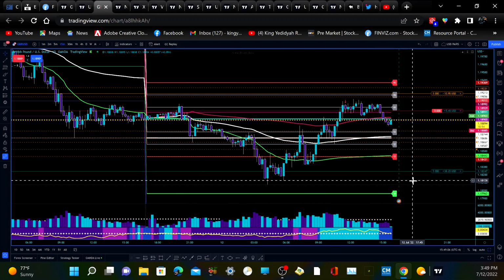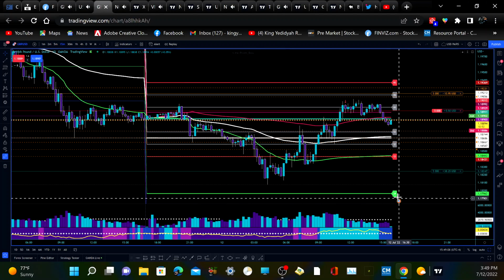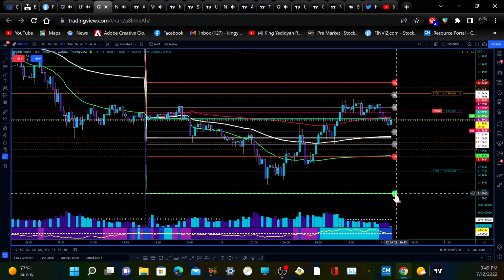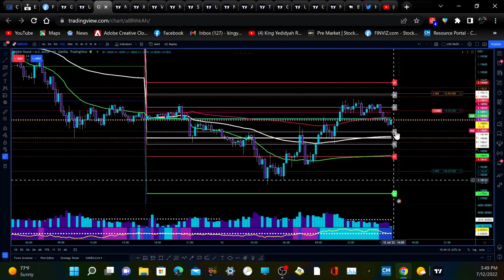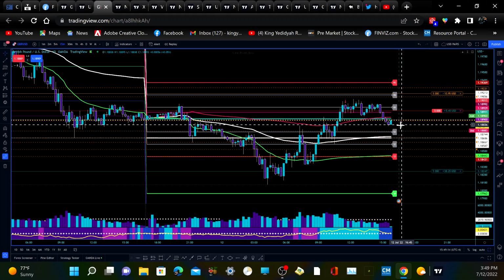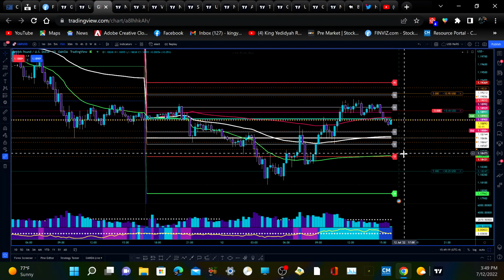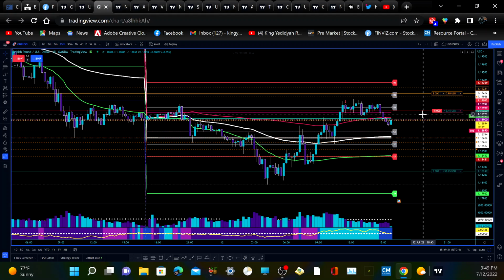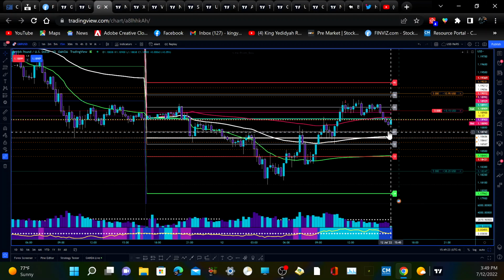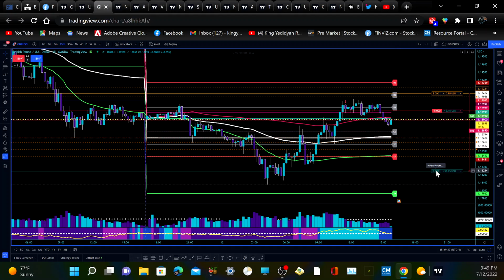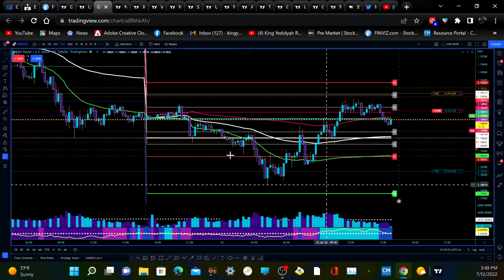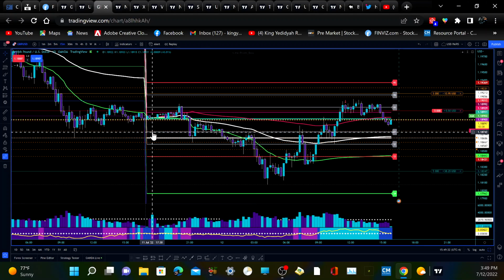I'm a little cautious. I didn't put it to S4, which I'll probably do when I start trailing my stop. Once this breaks VWAP, I'm going to put it to break even and just let the trade play out. I'll start adjusting the take profit, moving it lower. And yeah, that's the trade setup, man.